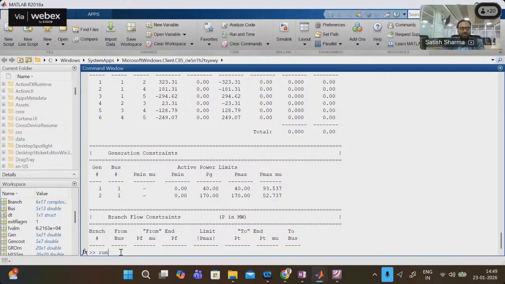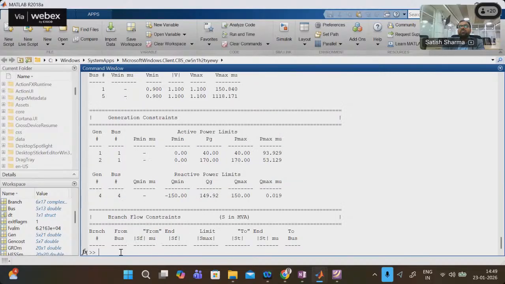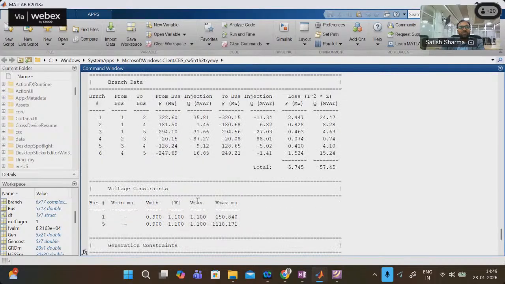Similarly, we can run ACOPF as well. Let's say for the same case 5, and run it. Okay, run OPF will do the ACOPF, and run DCOPF will perform the DCOPF.